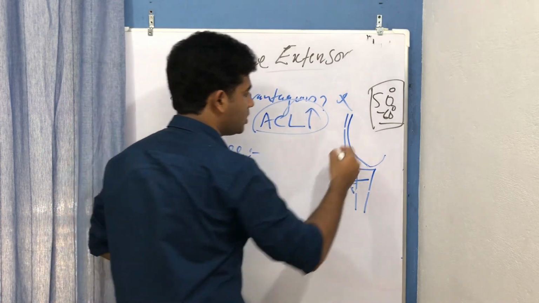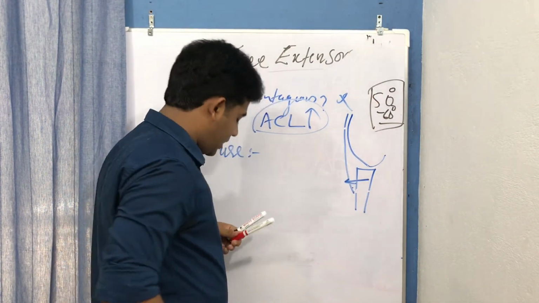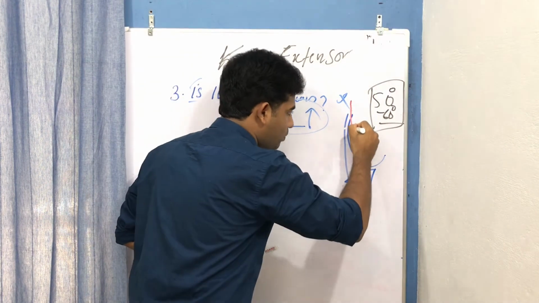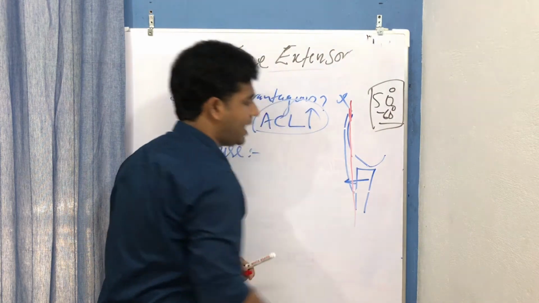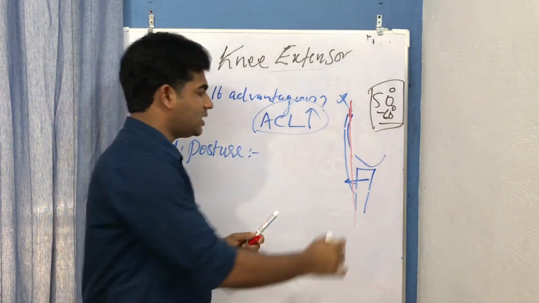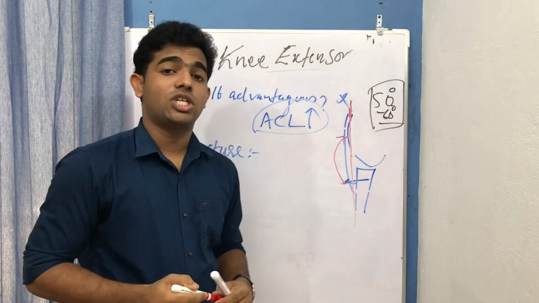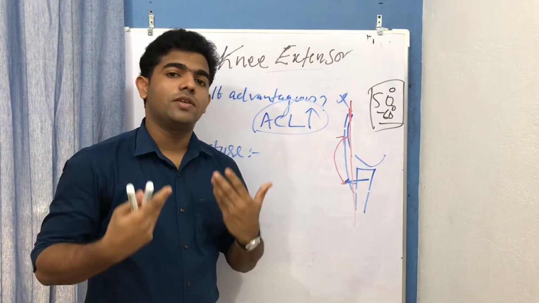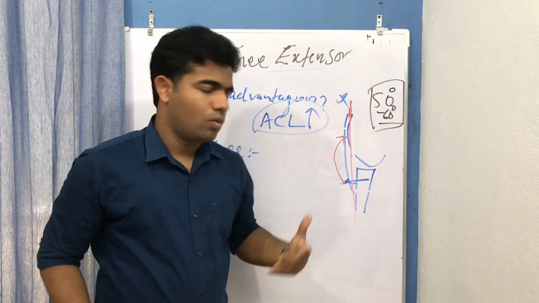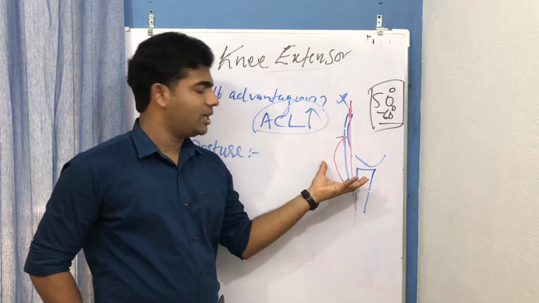Yes, no, because in this position of knee extension, the line of gravity is passing slightly anterior to the knee joint. When it is passing slightly anterior to the knee joint, it is providing an external extension moment. And if gravity itself is providing an extension moment, why should your quads work? It can take rest. Yes, that's the scenario here.